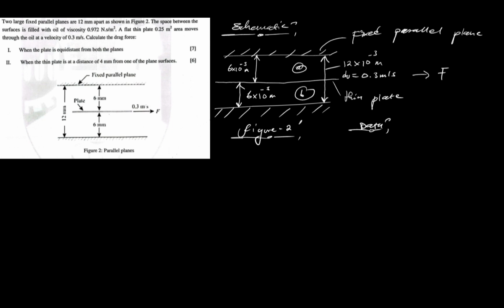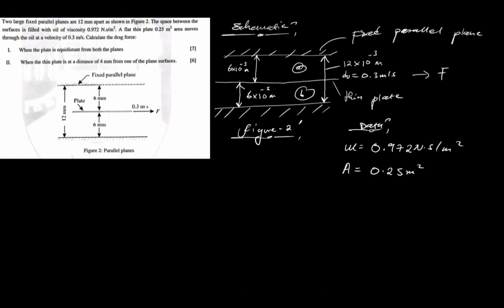We know the dynamic viscosity, mu, is 0.972 Newton second per meter squared. The area is given as 0.25 meter squared.